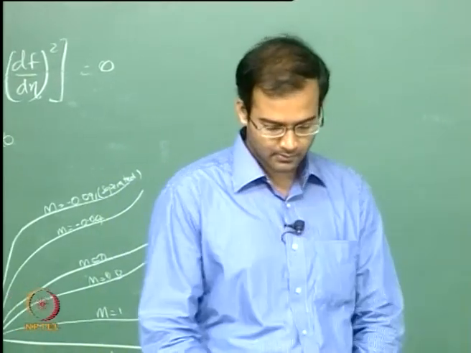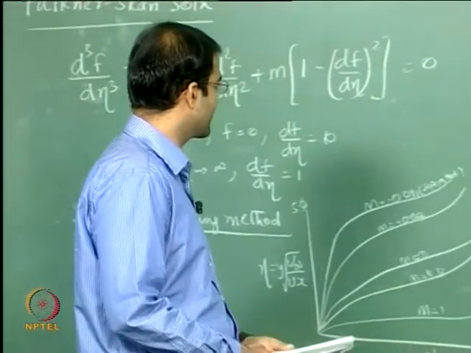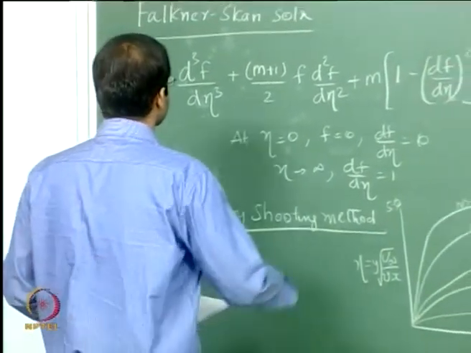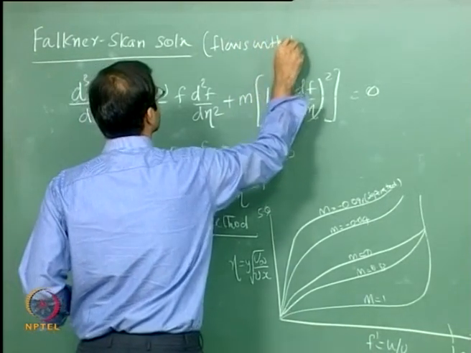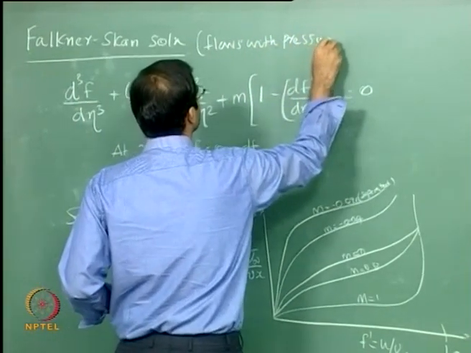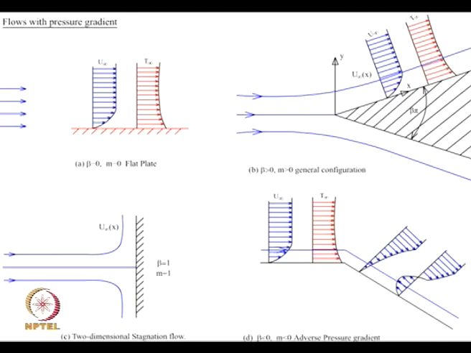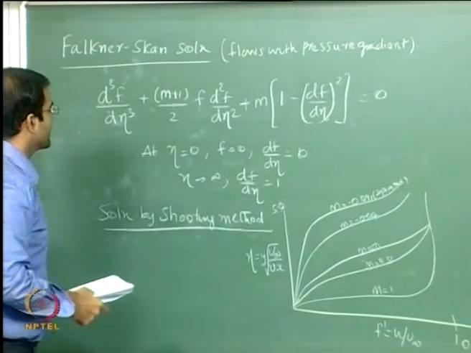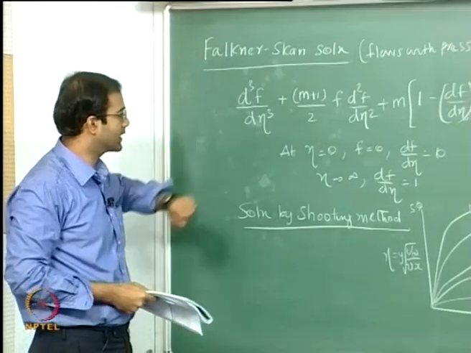Let us continue with the Falkner-Skan similarity solutions that we had derived yesterday. These are for flows with pressure gradient, and the final similarity differential equation appears in this particular form, and these are the boundary conditions.